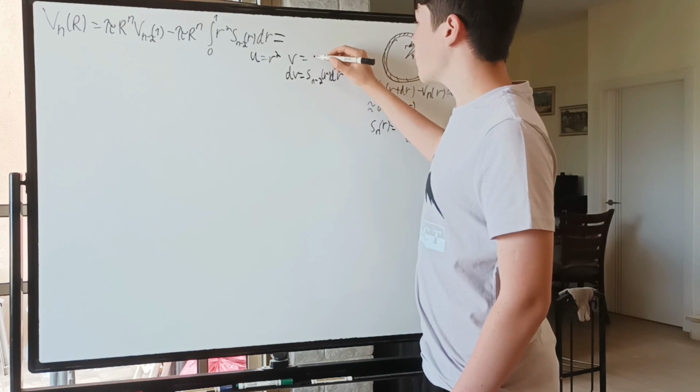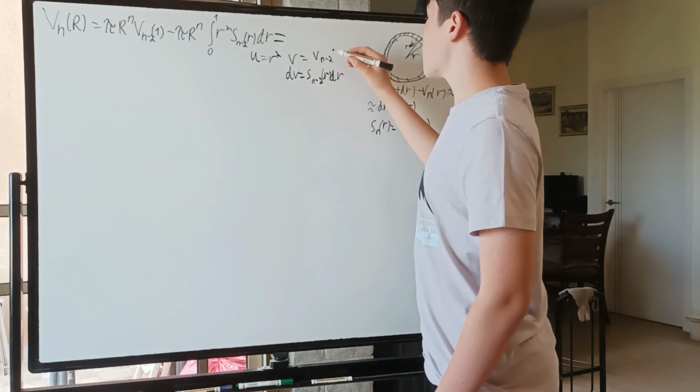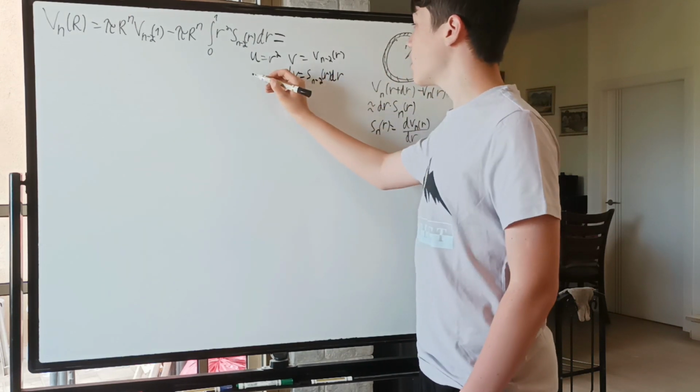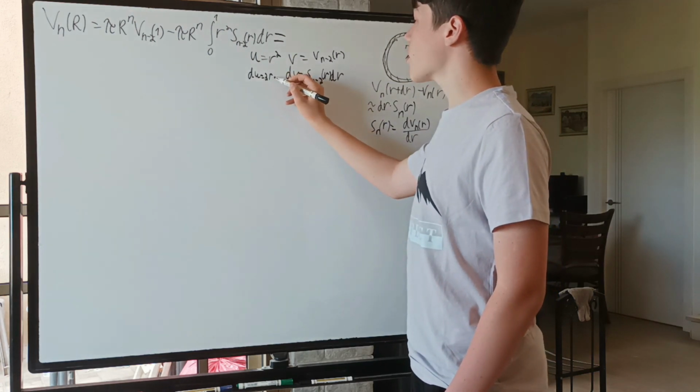So this means v will be, like we just proved, V_n(r), and du will be 2r dr.